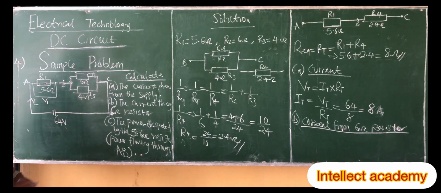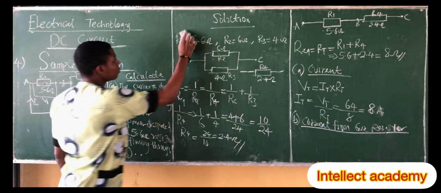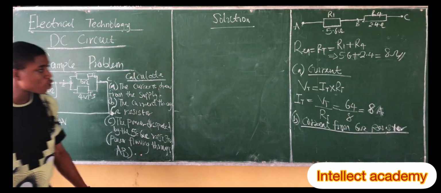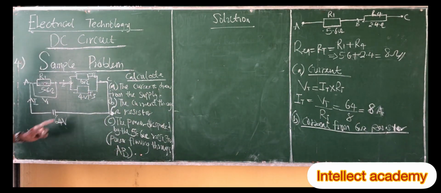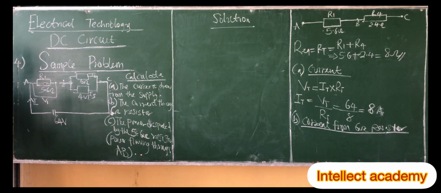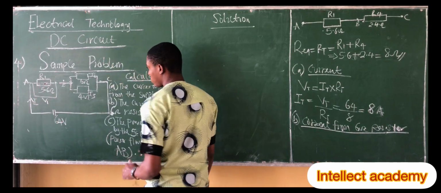Okay, now, for now, I'm going to wipe this off. For us to be able to calculate the 6 ohm resistor, we said that for a series connection, the voltages are different while the currents are equal. We will use the current to calculate the voltage. The concept is easy. We need to consider resistance 1.